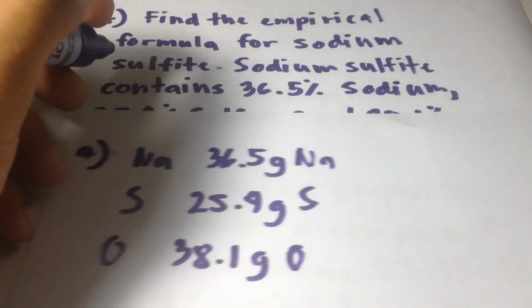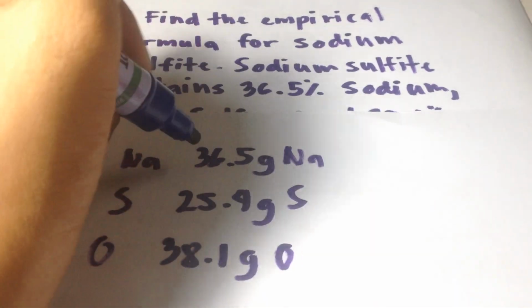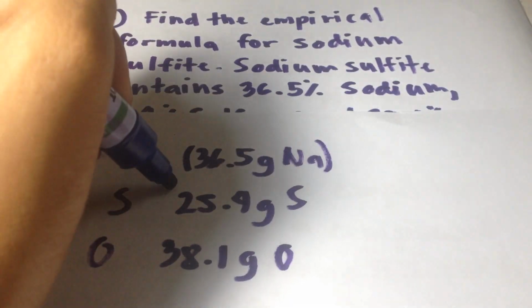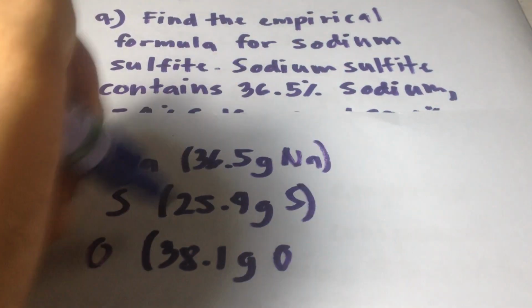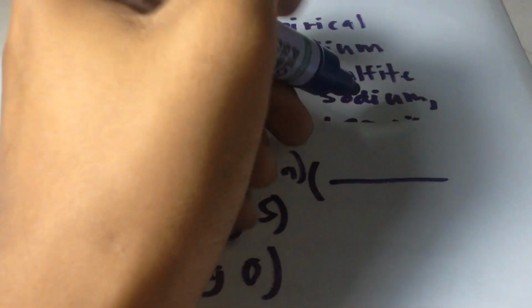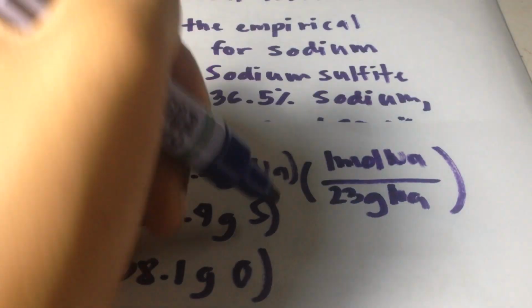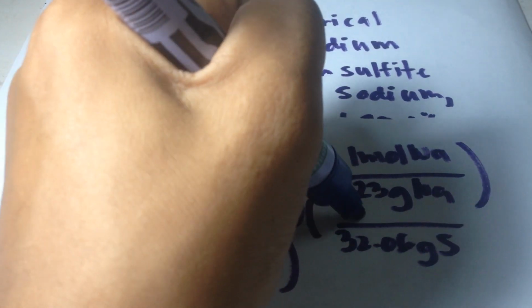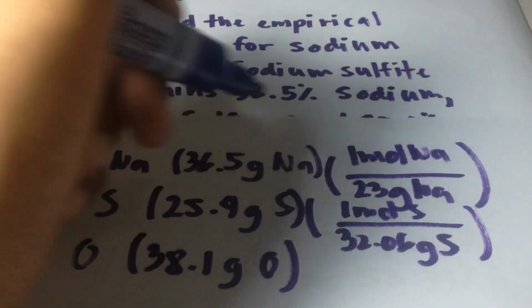So next step, you need to multiply by each molecular mass or formula mass, they are the same. What is the formula mass of sodium? It is 23 grams of sodium per 1 mole of sodium. And here, 32.06 grams of sulfur per 1 mole of sulfur.